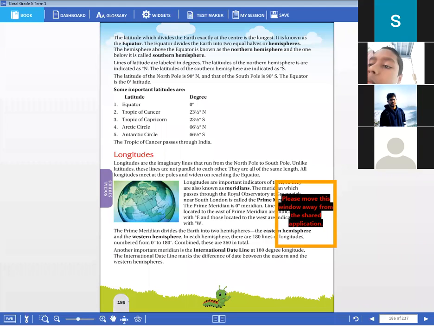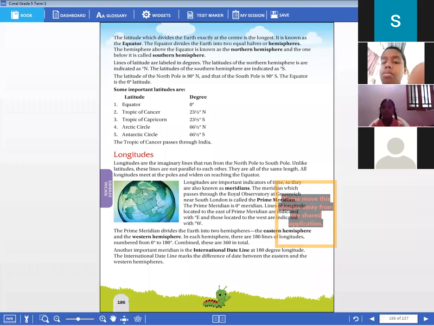The meridian which passes through the Royal Observatory at Greenwich near South London is called the prime meridian, children.